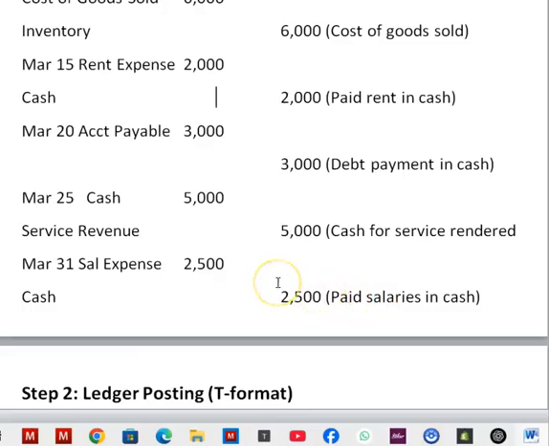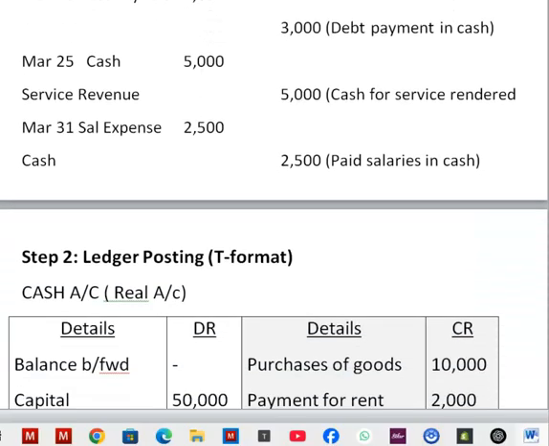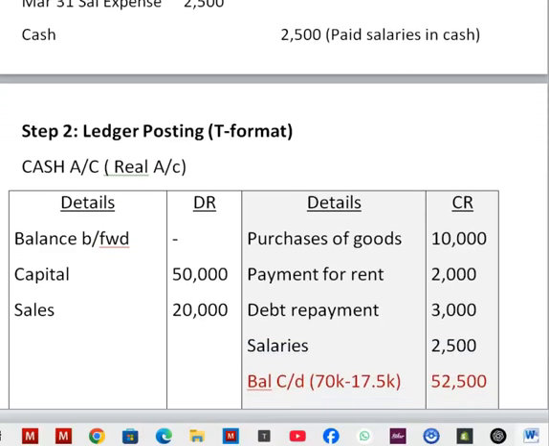So going forward to the ledger account posting, what this means is that all the debit side will be debited into the ledger, and all the credit side will have a credit entry into the ledger, so that we have the same situation. So let's go to the ledger now, which is step 2.